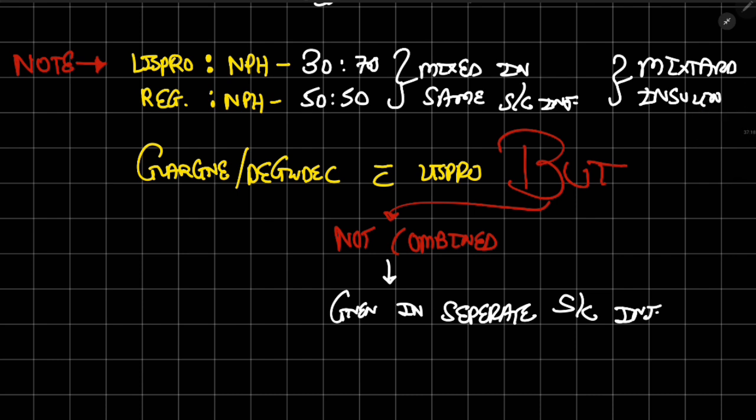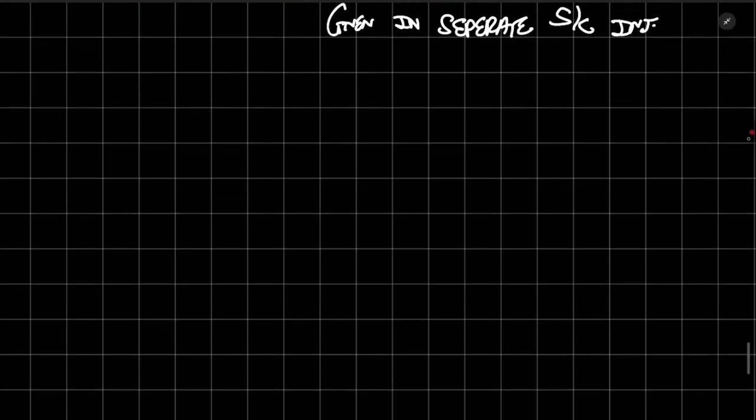Okay, now it's time to draw the graph finally. The graph shows levels of insulin in the body versus time. Now tell me one thing, ultra short and short acting, what will they be?